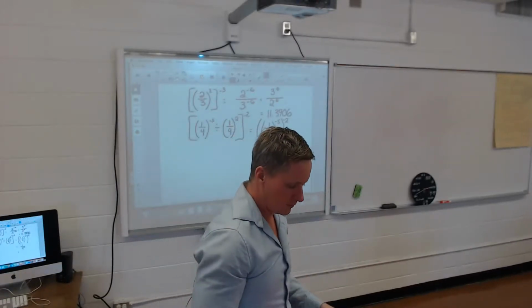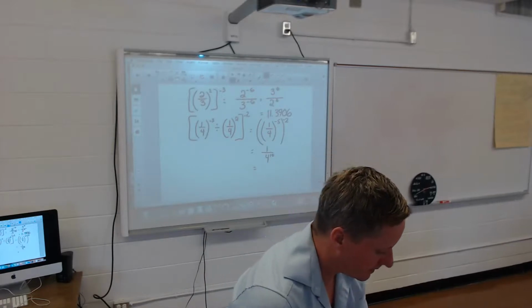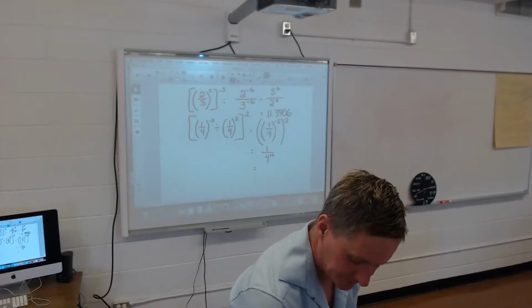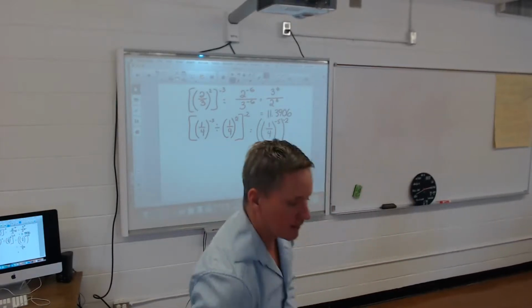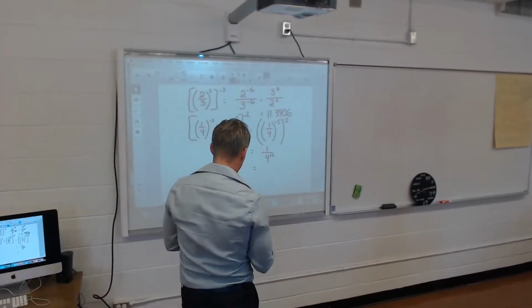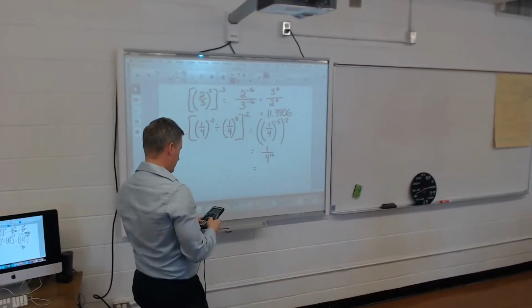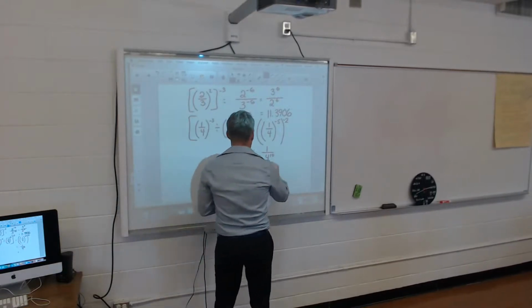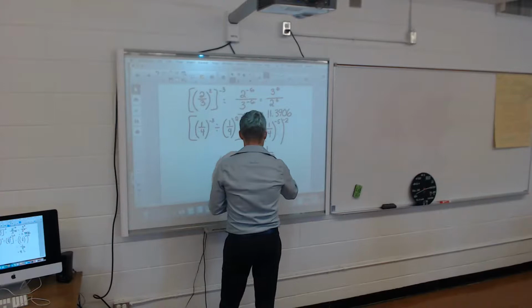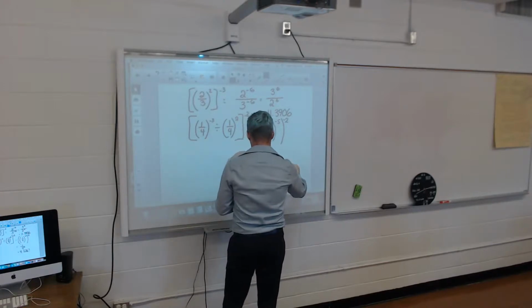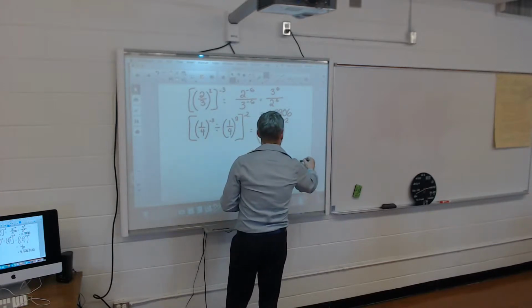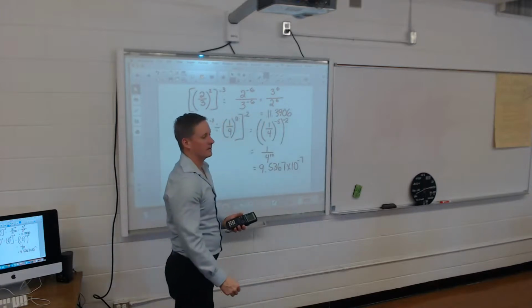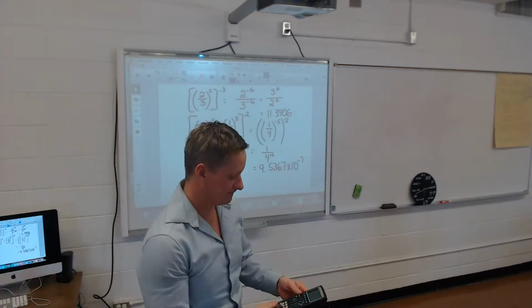And this one is different because on your calculator it works out to 0.00000953. Yeah, that's right. And most calculators will give you this. Just move the decimal places, yeah.